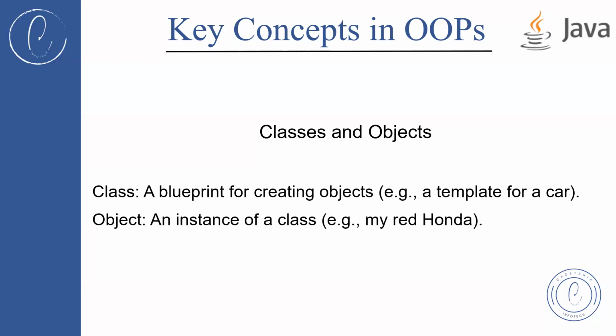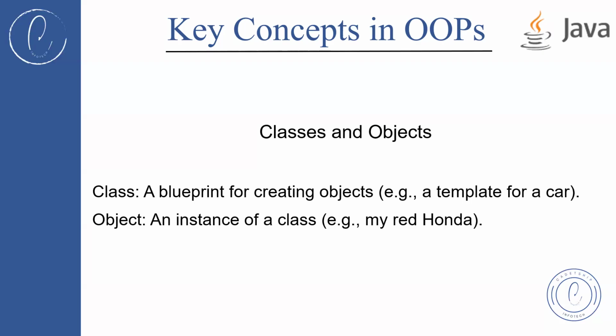Then we can give the mileage 20. Now let's assume I want to define the values for a Mercedes. First, I will give the name as Mercedes, then color as gray, and then its mileage, which will surely be good. So this is the common definition of classes and objects.